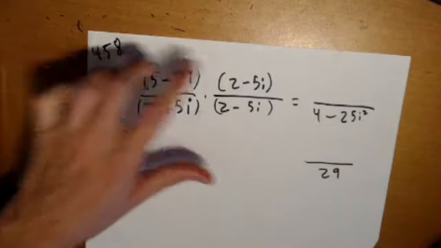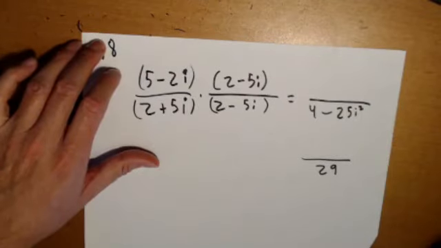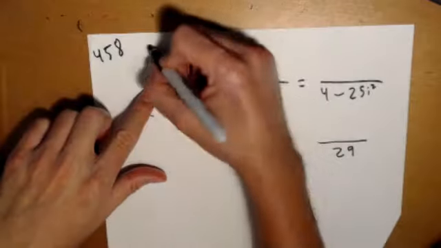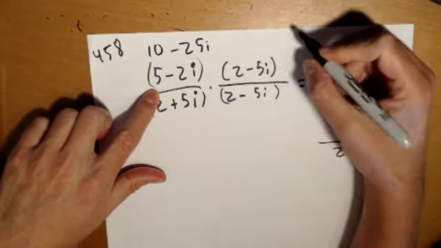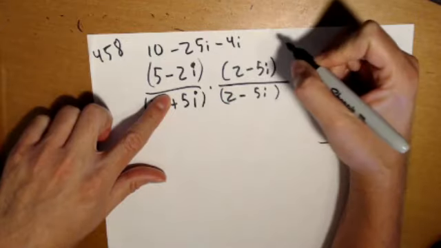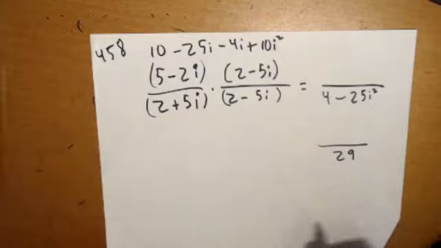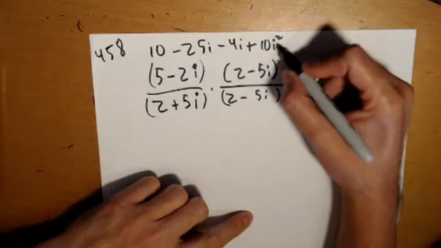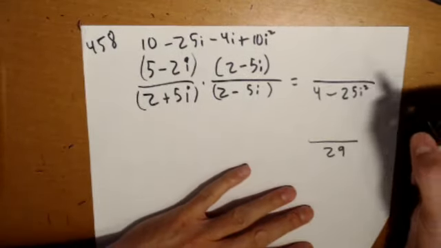And now the top, those are not conjugates, so I'm going to have to actually FOIL. 2 times 5, 10. Outsides, minus 25i. Insides, minus 4i. Lasts: 10i squared. i squared is negative 1, so that becomes a negative 10.